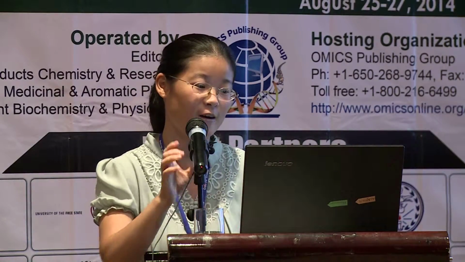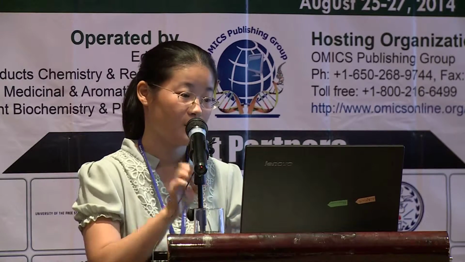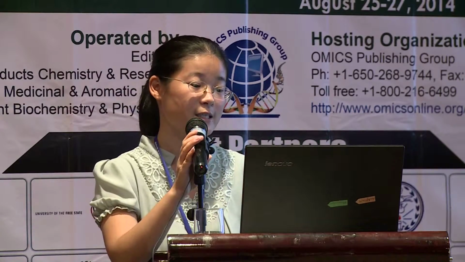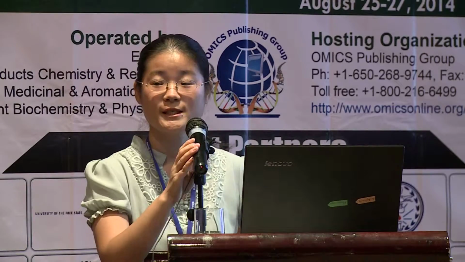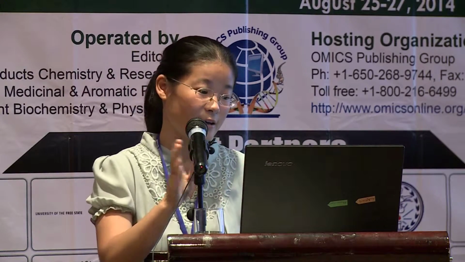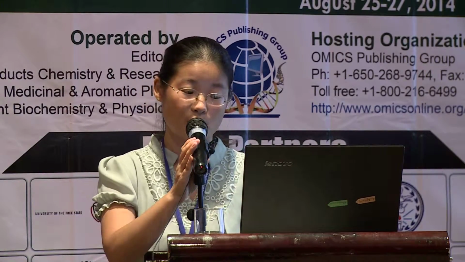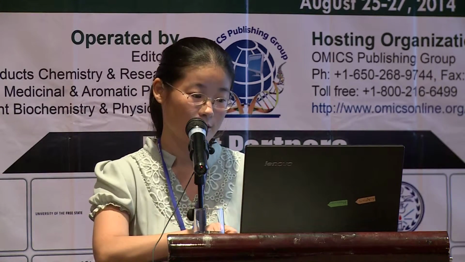Okay. The first one I want to introduce is the glutamine synthetase 1 gene. Glutamine synthetase 1.1 and 1.2 are both from rice, and GLNA is a glutamine synthetase gene from E. coli. First, we got the overexpressed transgenic plants here.